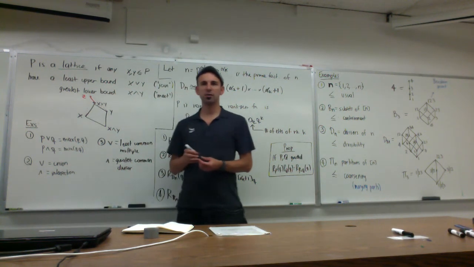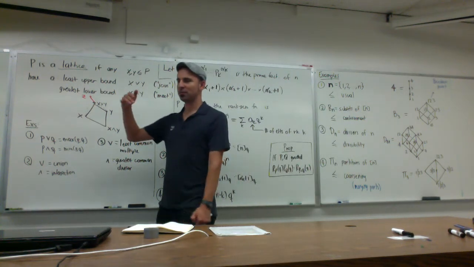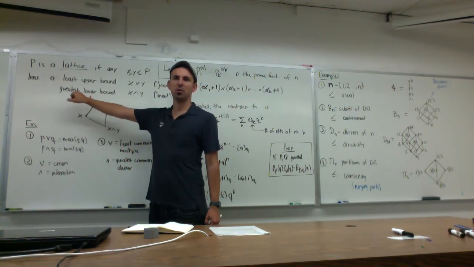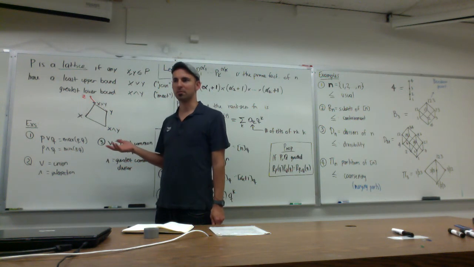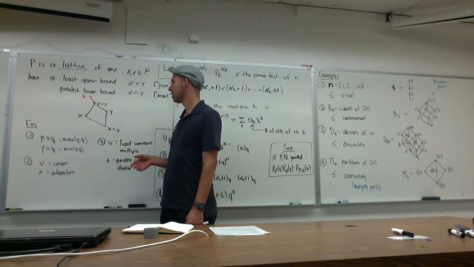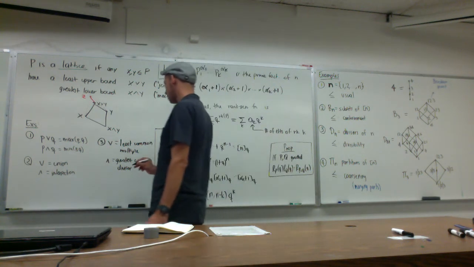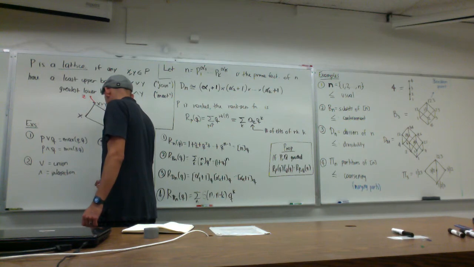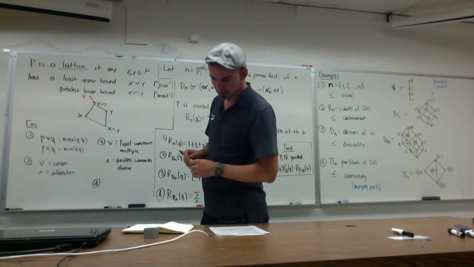And again, it's not entirely trivial that these are true, but in a number theory class you learn that if Z is a multiple of X and Z is a multiple of Y, then Z is a multiple of the LCM. And dually with the GCD. Four, is this a lattice?